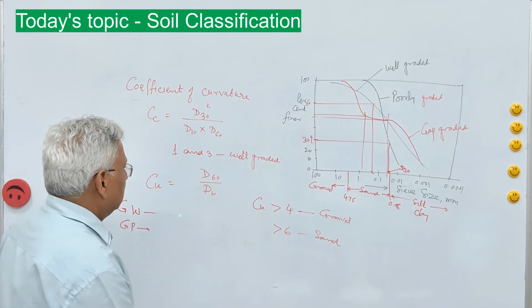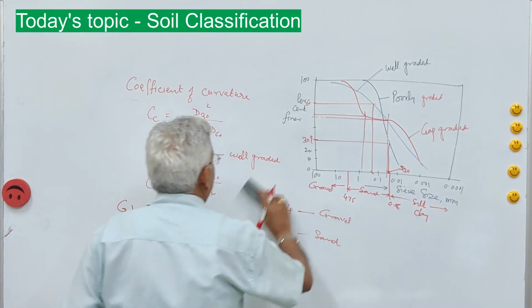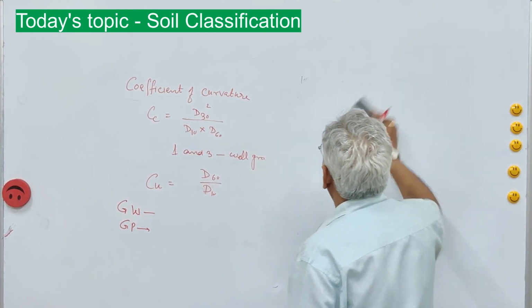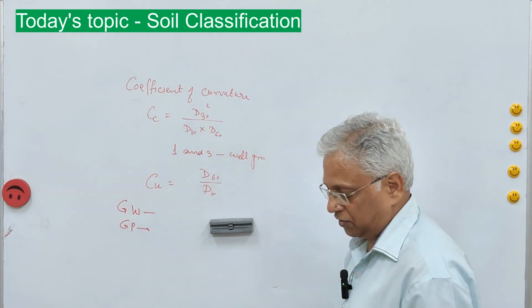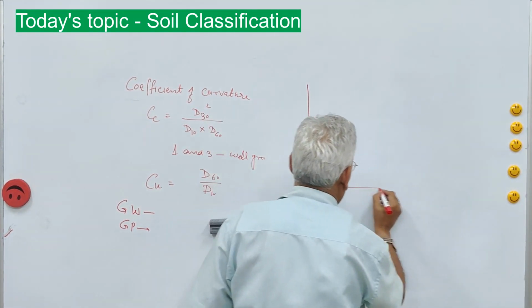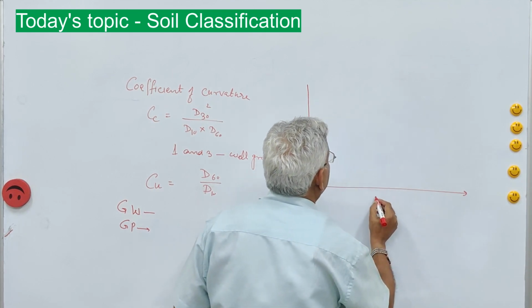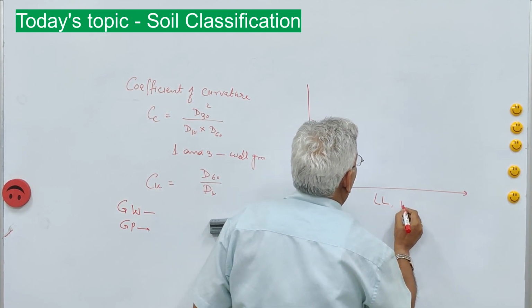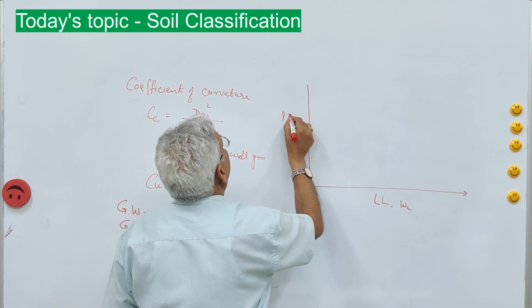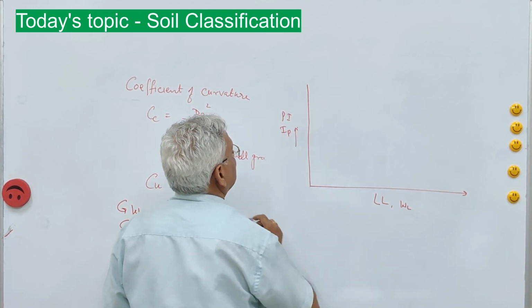Here the plasticity chart is important, and this plasticity chart as given in IS code is like this. On the x-axis there is liquid limit WL, and on the y-axis it is plasticity index IP.